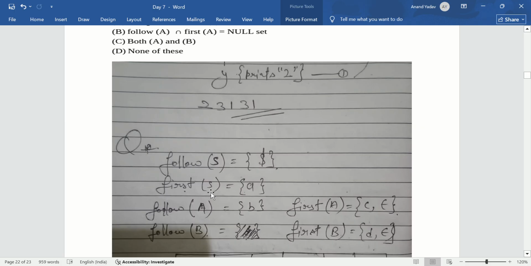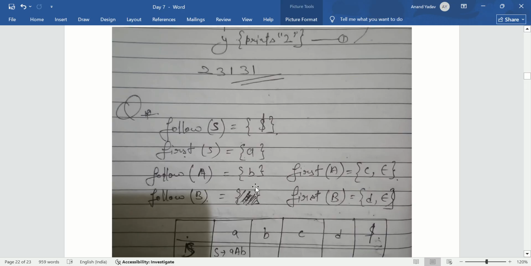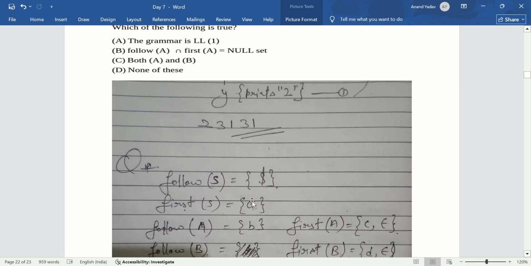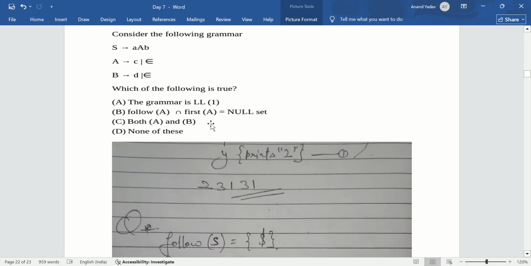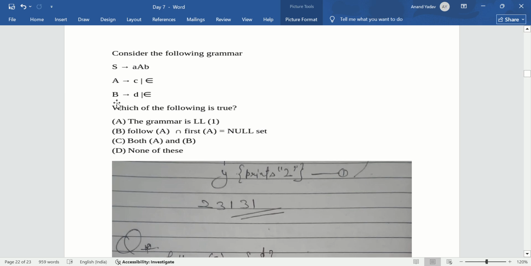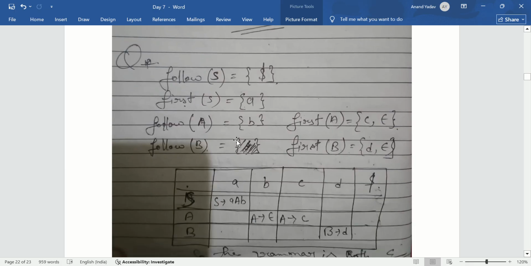Follow of S is dollar and first of S is A, follow of A is B, and follow of B is equal to null, because there is no B on the right side. So follow of B is null.